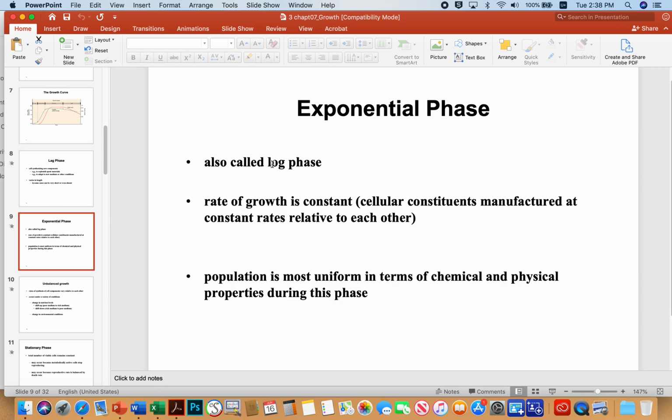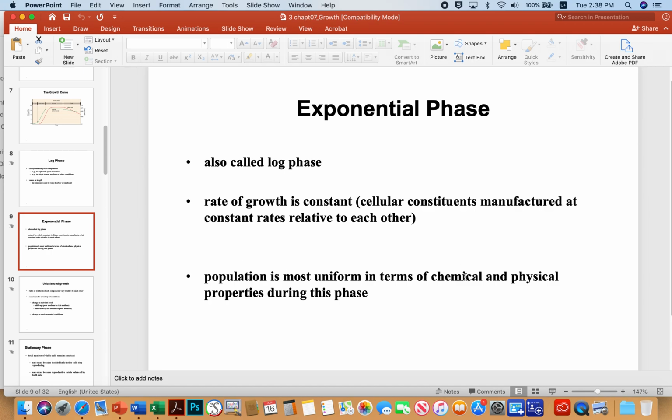Exponential phase, also called log phase or logarithmic phase, is the phase in which growth is pretty consistent. Cellular constituents are manufactured at a constant rate. This is the most ideal phase, where the microbe is growing as fast as it possibly can on the nutrients, the temperature, and all the other conditions provided for it.